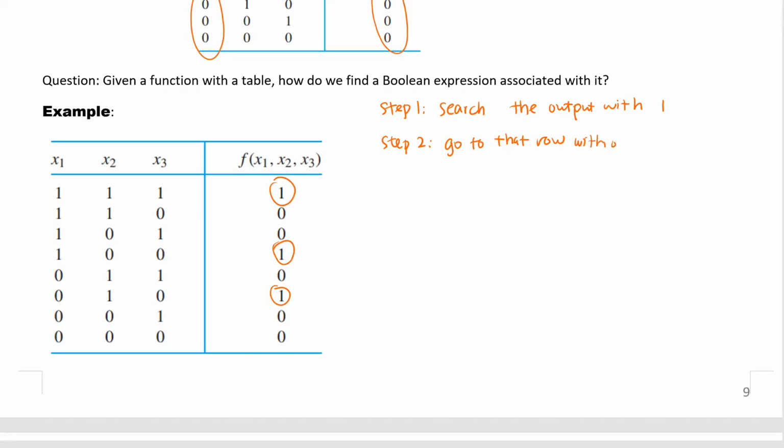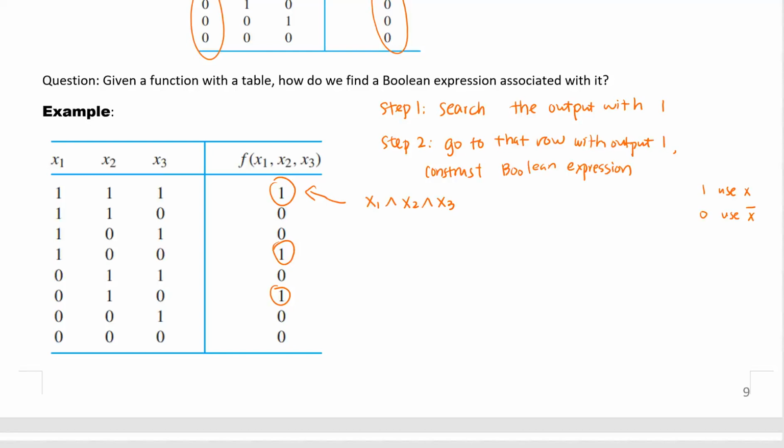With the output 1, we can construct a Boolean expression for that row. If you see 1, use x. If you see 0, use not x. Let's look at the first one. All of x1, x2, x3 are 1, so this one corresponds to x1 and x2 and x3.